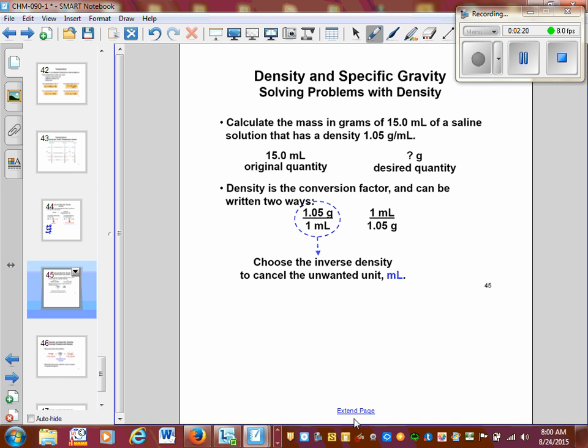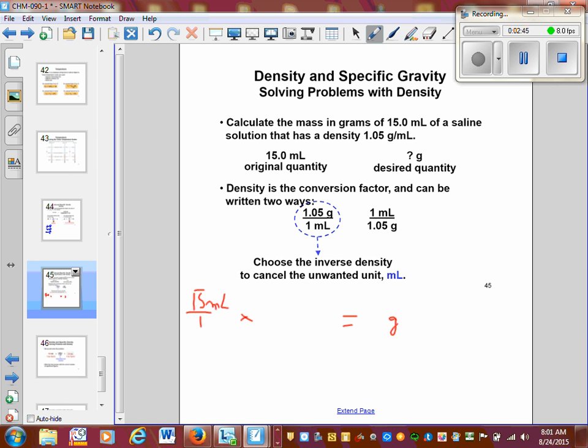We're starting off with 15 milliliters of solution. We want to figure out the mass in grams.